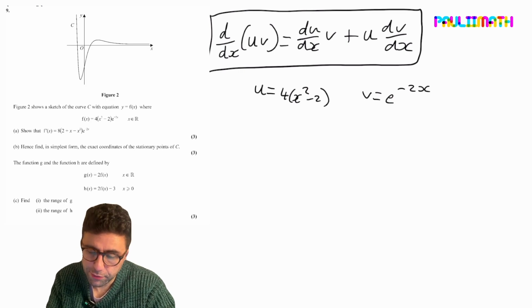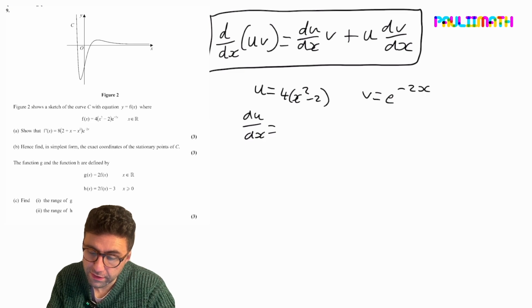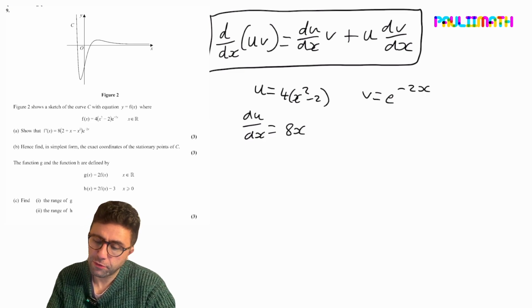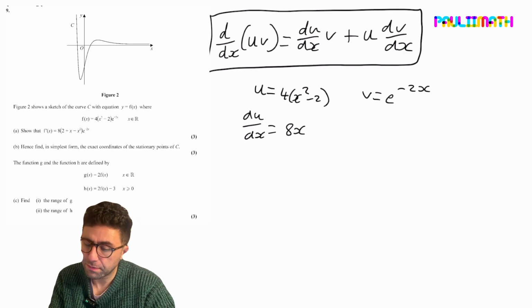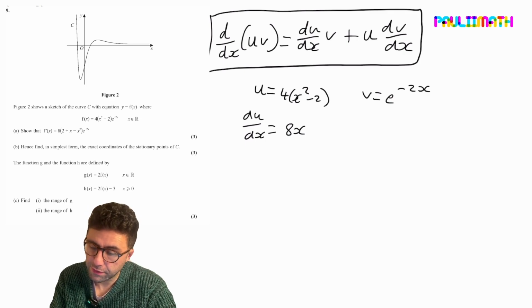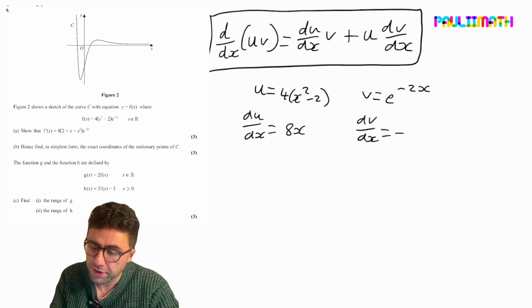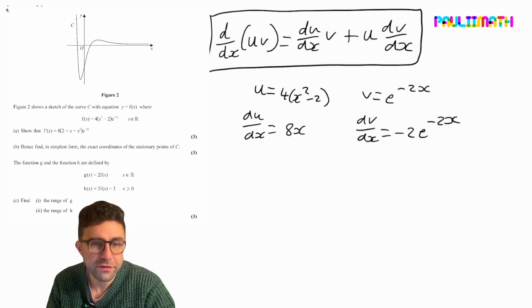We'll differentiate both of them. du by dx goes to basically just 8x, because if you multiply that out, 4x squared minus 8, the 8 will disappear. That's all you're left with is the 8x when you differentiate the 4x squared. And this one, you are an exponential differentiation genius, and you know you just multiply the minus 2 down the front. Wonderful, wonderful to see.